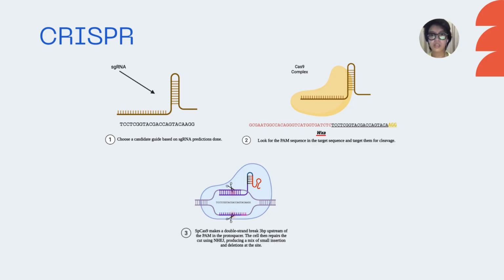And now, in the absence of a donor template, repair occurs primarily through the error-prone, non-homologous end joining pathway, which often generates insertions or deletions at the cut sites. If such indels occur within an exon, they can also cause a frameshift mutation, resulting in premature stop codons and truncated non-functional proteins, achieving a gene knockout.